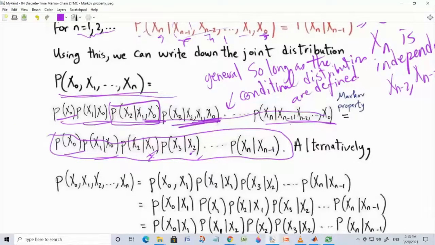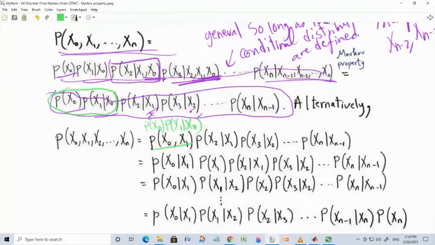And we can write this down in another form. Again, it depends. Sometimes this is useful, sometimes the other form is useful. So basically, go to this guy. Now, what we do is combine these two guys together. So this is p of x0, p of x1 given x0. Now rewrite it as the joint between x0 and x1. Okay, we can do that. And then the joint can be written in another form.